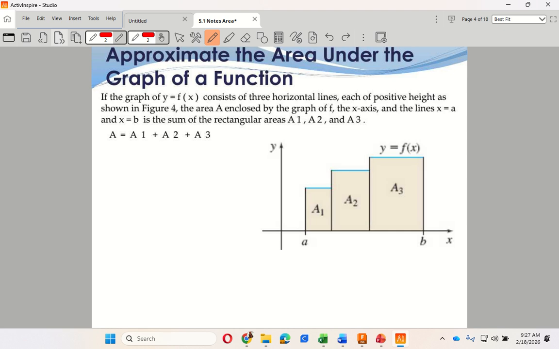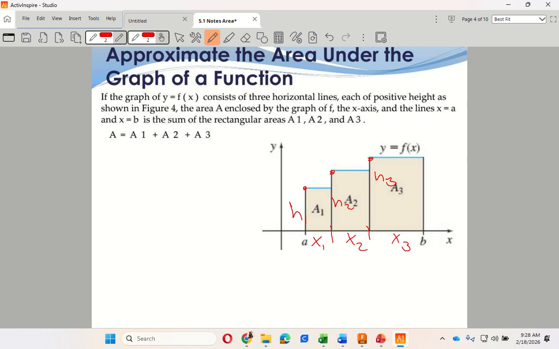So this would be my x1, this is x2, and right here would be an x3. Then I would have my h1, which would be whatever the floor function is there, or a ceiling function. This one would be an h2, and this one right here would be an h3.